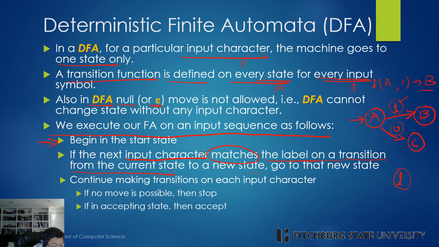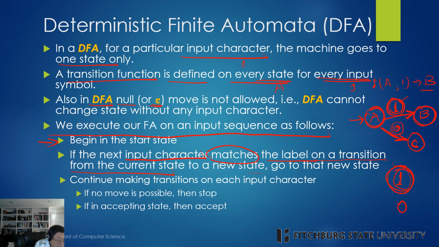This input 1 matches the label 1, so from the current state A, we go to B. That's defined. Now if the current input is 0, it matches the other label 0, and then A goes to C. So to decide which state we will go to, it checks both the current state and the current input.